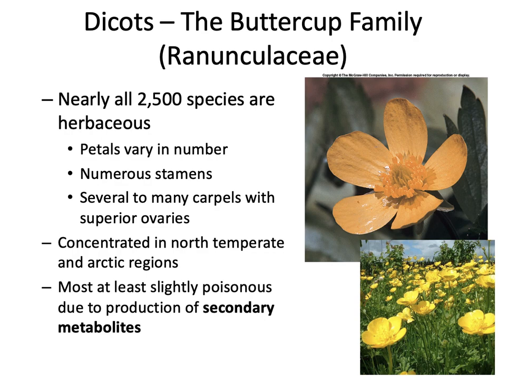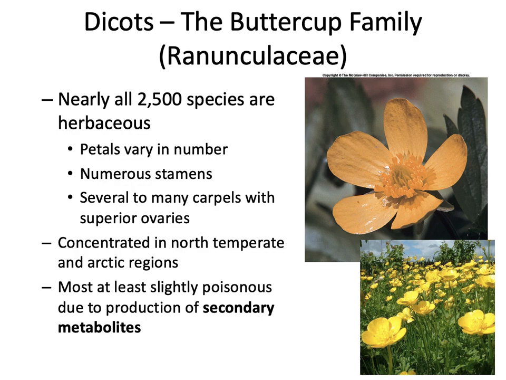The most primitive of the dicot families, and also sister family to all eudicots, is the Ranunculaceae. This is the buttercup family. There's nearly 2,500 species, so it's relatively small because remember in the angiosperms there's over 300,000 species, and they all have these characteristics.